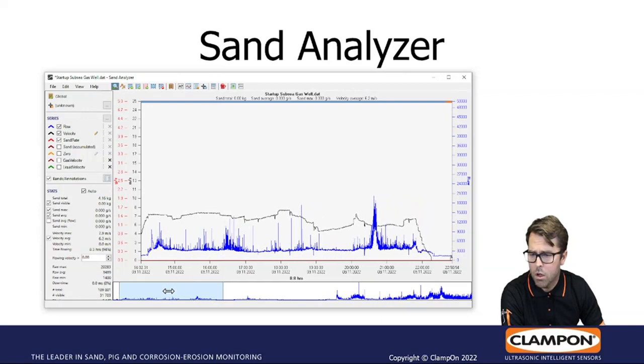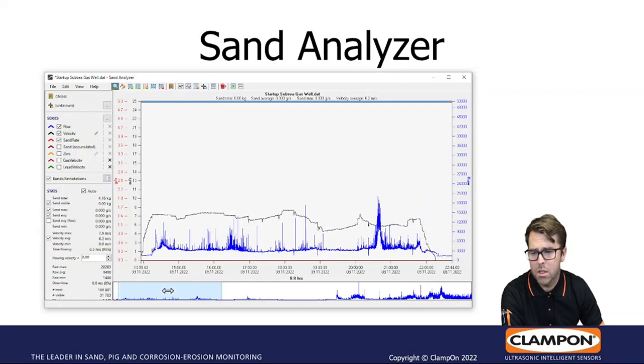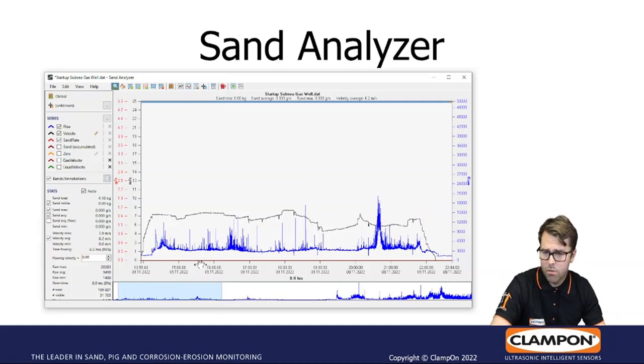Then the question to us, as this was the first startup, is how much sand is this? Andreas showed you the formula and how to calculate sand. I'll try to show it here directly, how it's done in practice. You see that the background noise level here is about 3,900. That's the zero level with no sand.